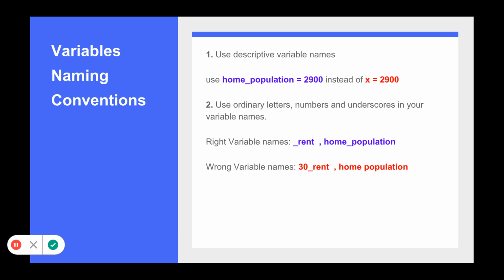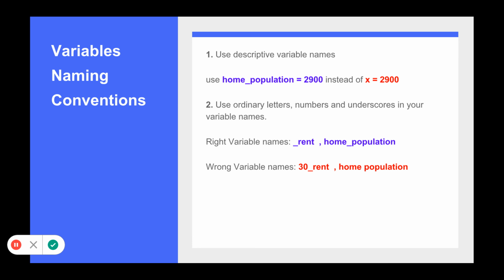In Python, there are rules to follow when naming variables. One conventional rule is that it's better to use a descriptive variable name. For example, in our previous case, when I wanted to represent the population in my hometown, I used home population.